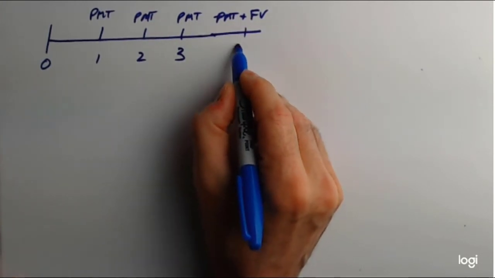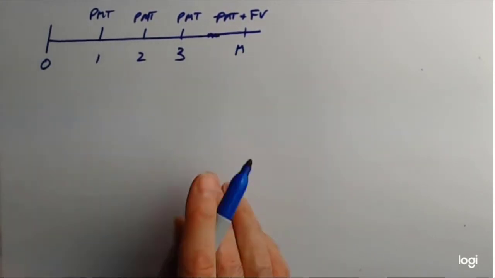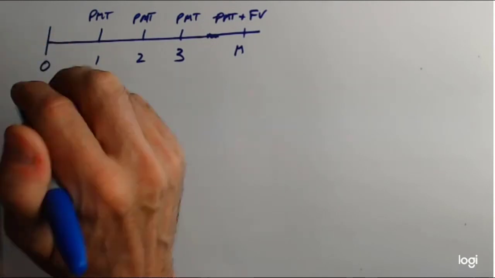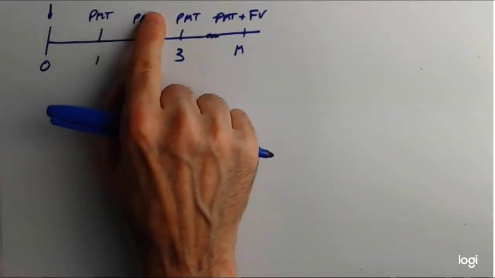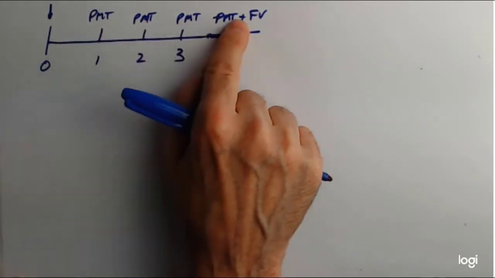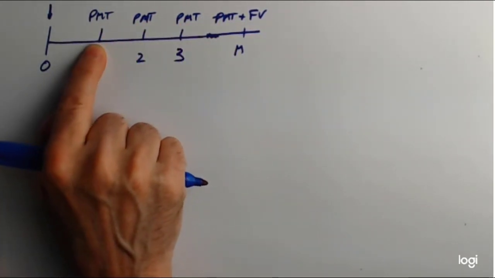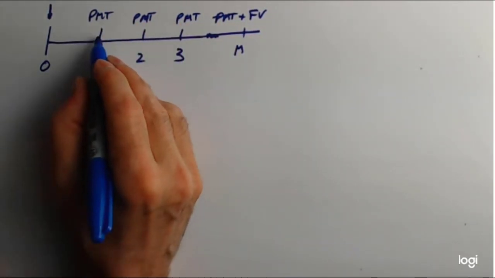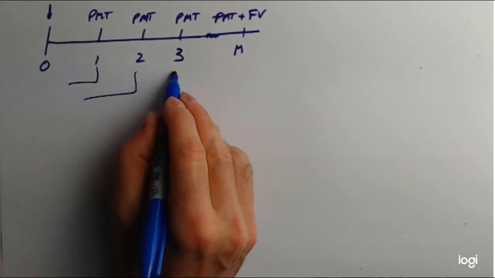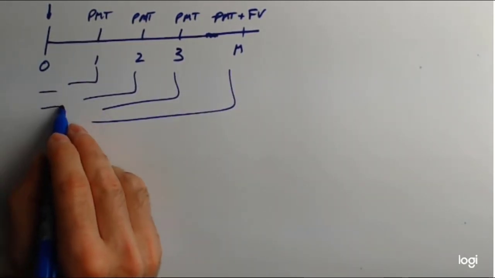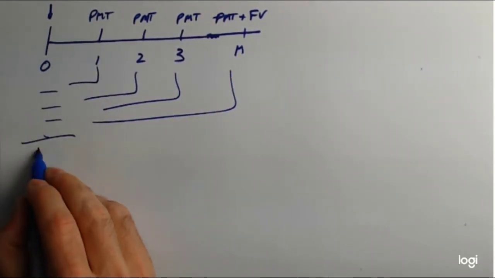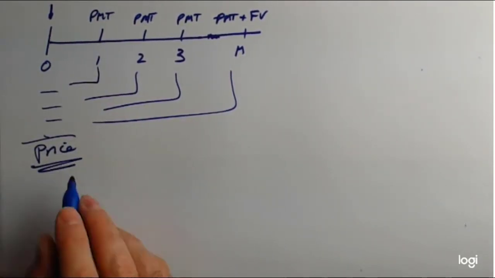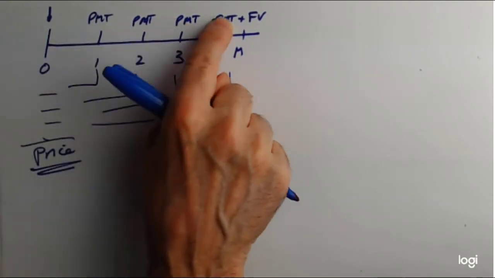So when you buy a bond right here, time 0, all of this is fixed. It's already been established. So that's the important point. And then we take this and we compute the present value, and we add up the present value of each one of these. You can think of it that way, and you have the price of the bond. Okay, so you're buying an annuity plus a $1,000 face value that comes at maturity.